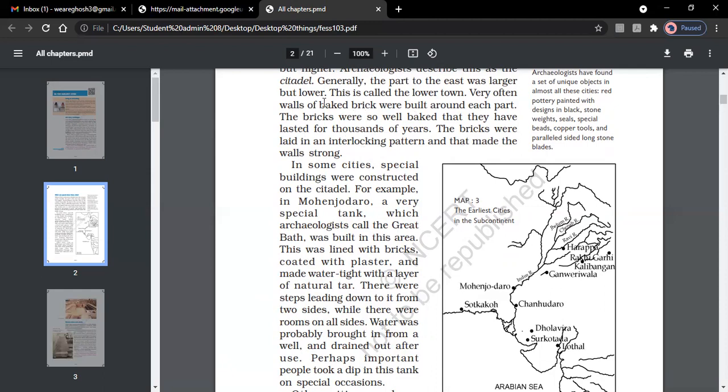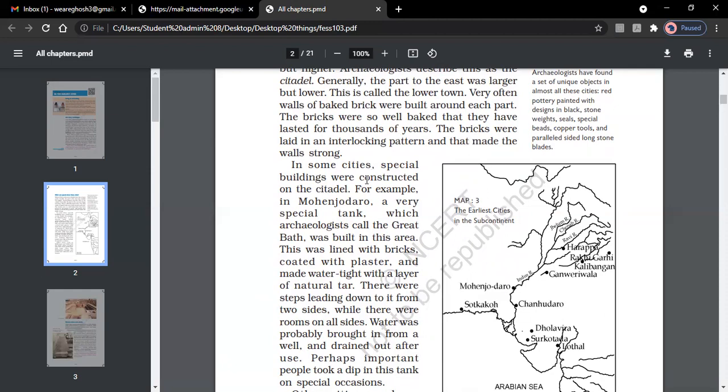Your answer is that very often walls of baked bricks are built around each part, and the bricks were so well baked that they have lasted for thousands of years, and the bricks were laid in an interlocking pattern and that made the wall strong. Once again I repeat, how were the bricks laid down to make the wall strong?